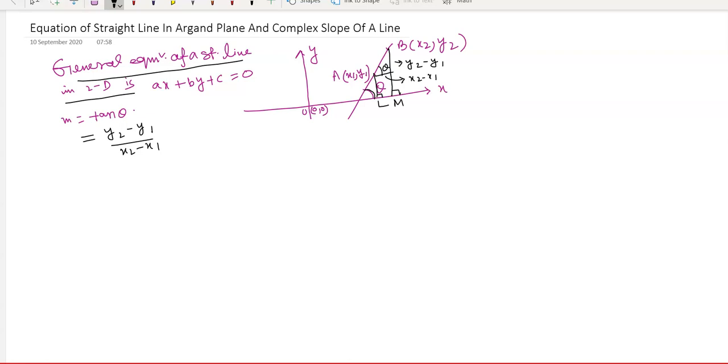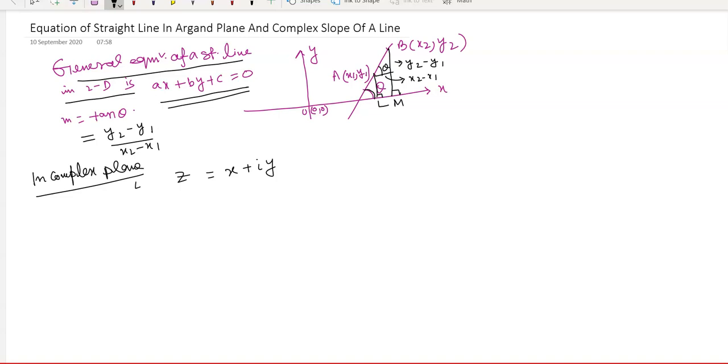In the complex plane, what will happen to the equation of the line? In the complex plane, the point (x, y) represents the complex number x plus iy, that you know. Let z equal to x plus iy. Then let us see what this equation will change to if we express x and y in terms of z and z bar.